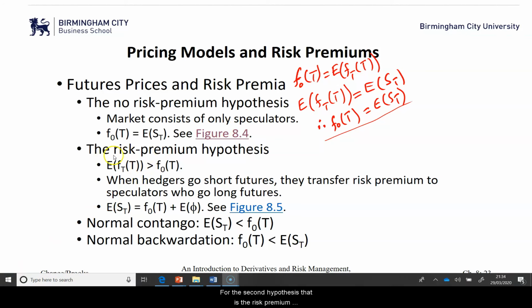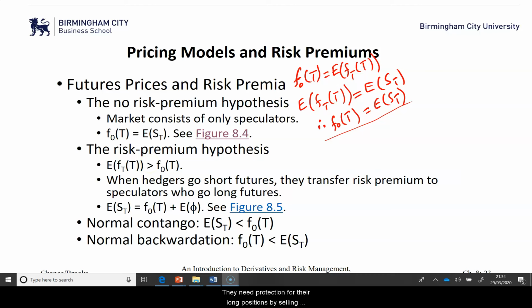For the second hypothesis, that is the risk premium hypothesis, we have the expected future price at expiration greater than the future price today. Now, future markets and spot markets are assumed to be dominated by individuals who hold long positions in the underlying commodities and assets.